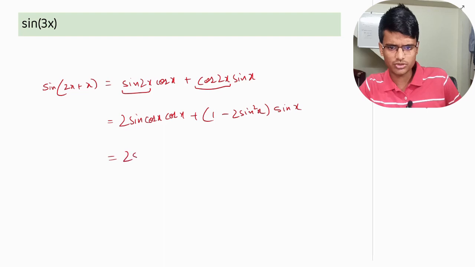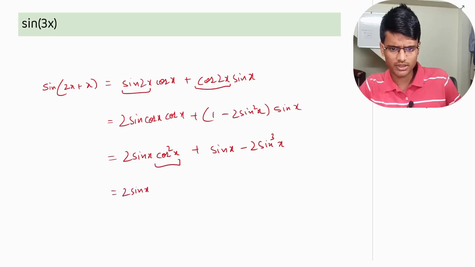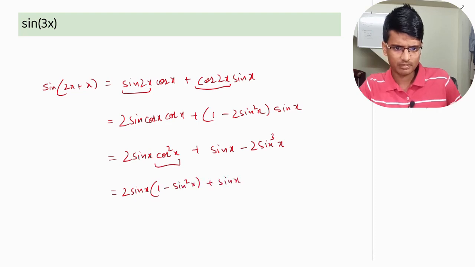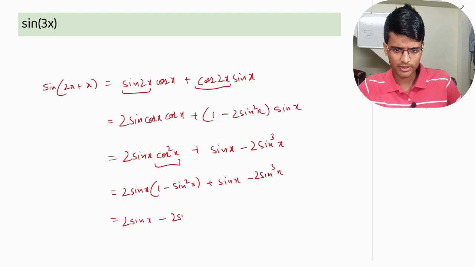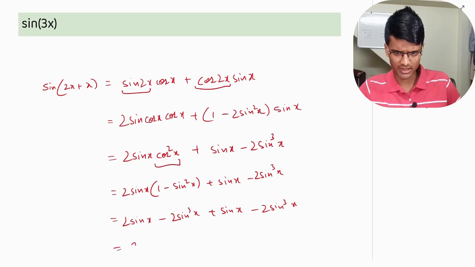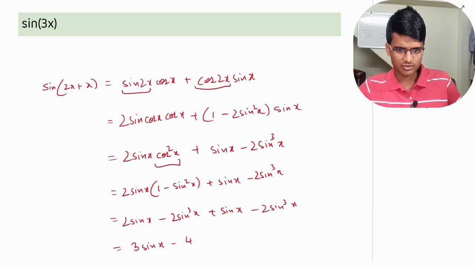Now this is nothing but 2 sin x cos²x, and this is sin x minus 2 sin³x. 2 sin x cos²x can be written as 2 sin x (1 minus sin²x) plus sin x minus 2 sin³x, right? That is 2 sin x minus 2 sin³x plus sin x minus 2 sin³x. On simplification, I'll get 3 sin x minus 4 sin³x.